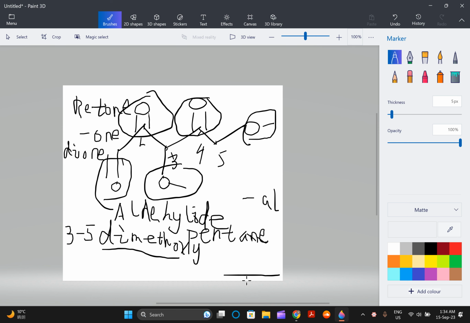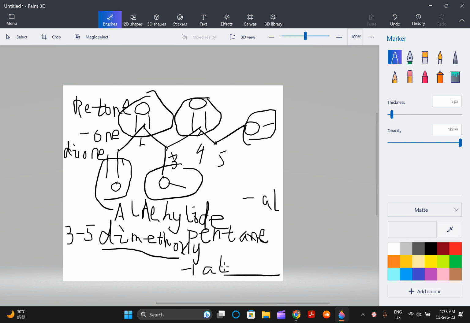So let's go back here. This is the main chain, right? So what we have right now, pentane. What comes after pentane? -1 al, and the al is this one right here, because al is more important than a ketone. So it should be the other way around. For the main chain, it goes from least to the most important ones, and the side chain is the other way around.